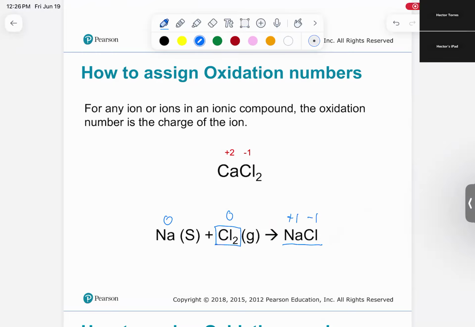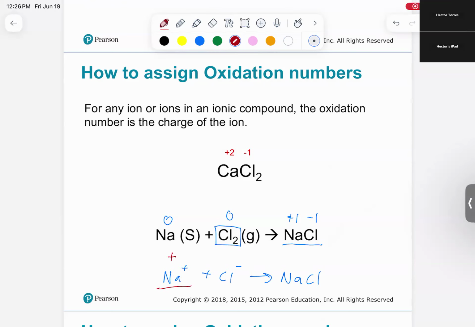But now let's say I had Na plus and Cl negative goes to NaCl. Now the oxidation numbers would be different because now this is an ion. Because it's an ion, it's going to have the same charge as its ion.